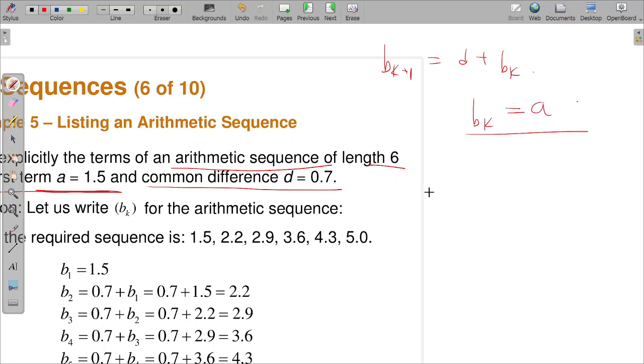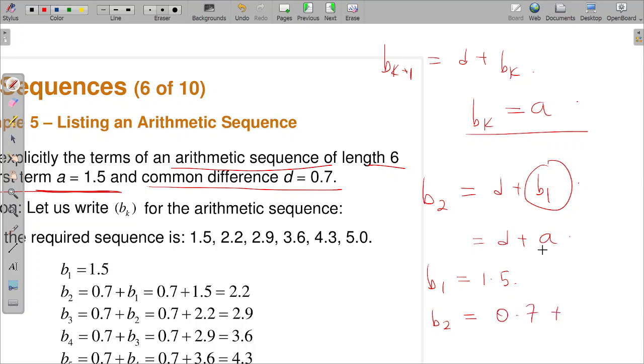When k is 1, b2 becomes d plus b1, and b1 is our a, so d plus a. b1 is given as 1.5, which is a. Then b2 will be the difference, 0.7, plus our a, 1.5.